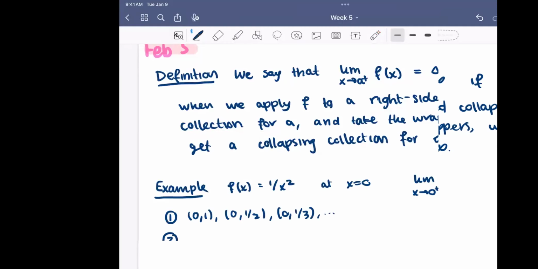Now we have to compute the f images. Maybe this is a little bit tricky in this case. So what would the f image of the interval from 0 to 1 be?